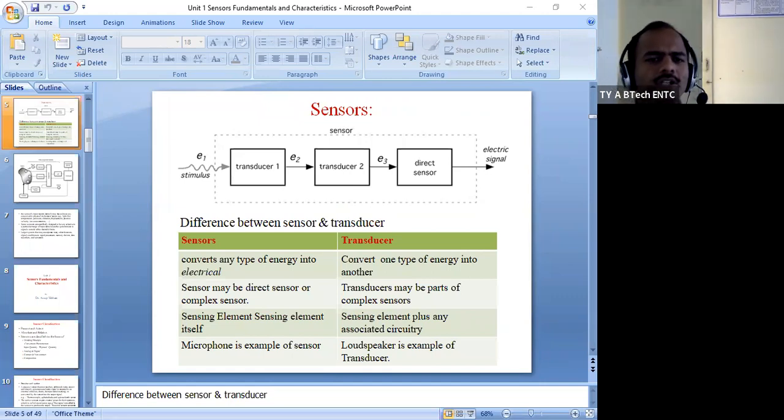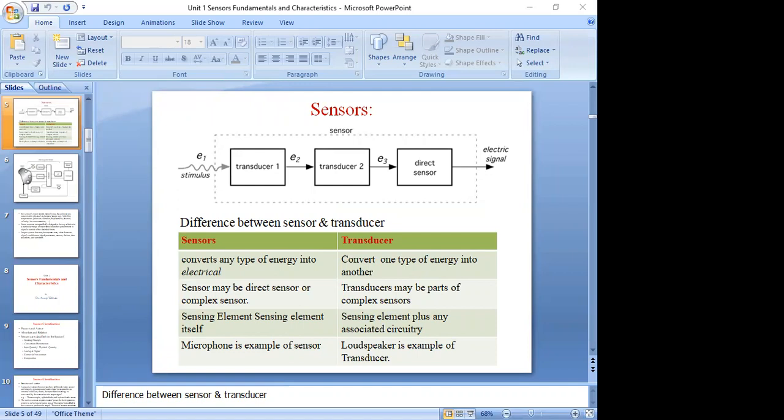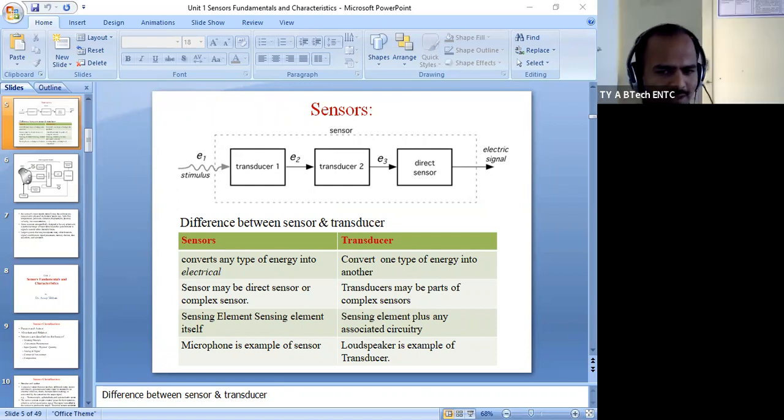Some sensors give output in analog and some give output in digital. So we generalize that every sensor gives output as an electrical quantity, maybe analog, maybe digital. For that purpose, if required, you need to interface A to D converters before the controller.